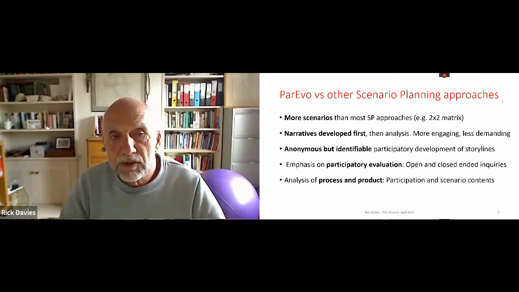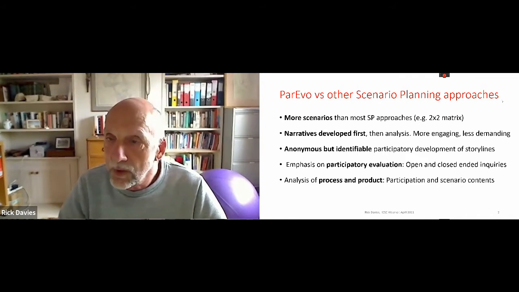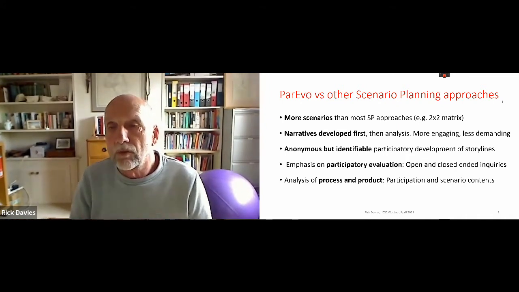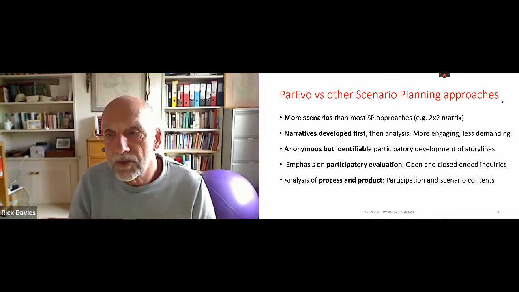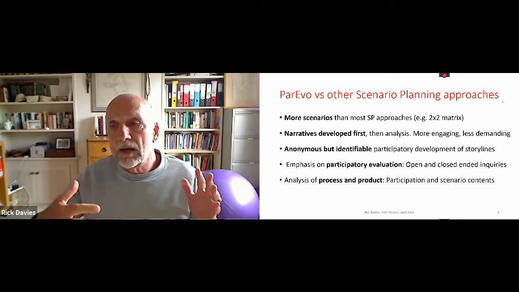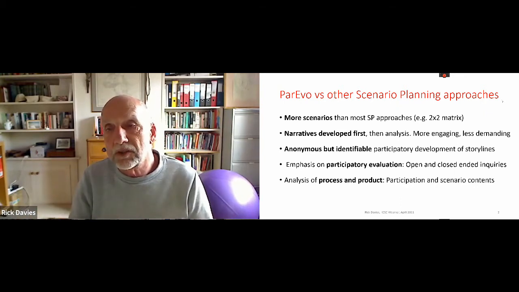So I suppose the first difference is that PowerEvo generates a greater number of scenarios than many scenario planning approaches. Many of them, not all, but probably the most familiar format people have seen is a 2x2 matrix of two different types of characteristics of futures.